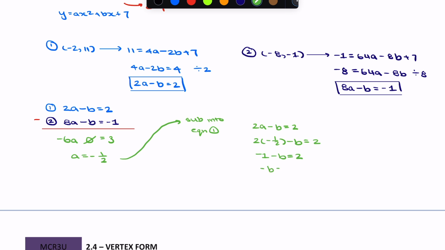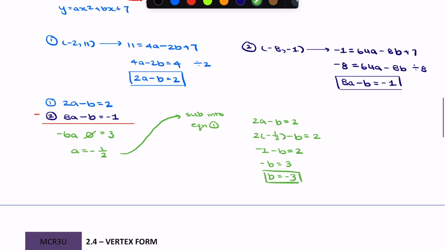We'll get negative b is equal to 3. And so b is equal to negative 3. So therefore, our equation y is equal to negative 1 over 2x squared minus 3x plus 7.